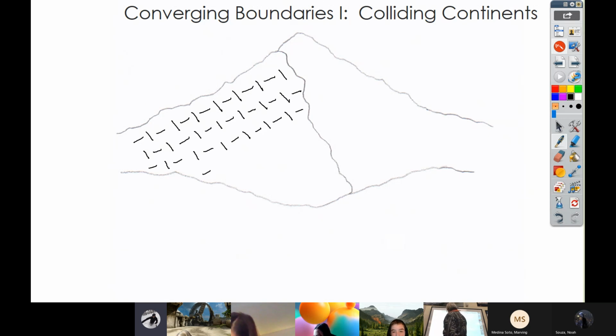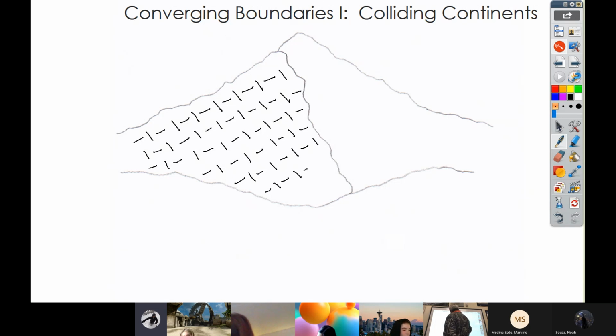This is showing the crystals. It's supposed to represent the crystals that we can see in granite. You know how granite has that speckled appearance. Both of these are granite, so we're going to continue this same pattern on both of them.